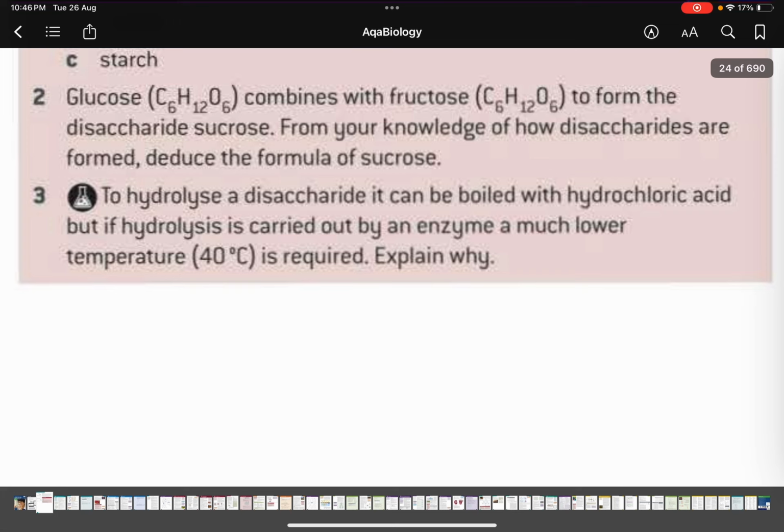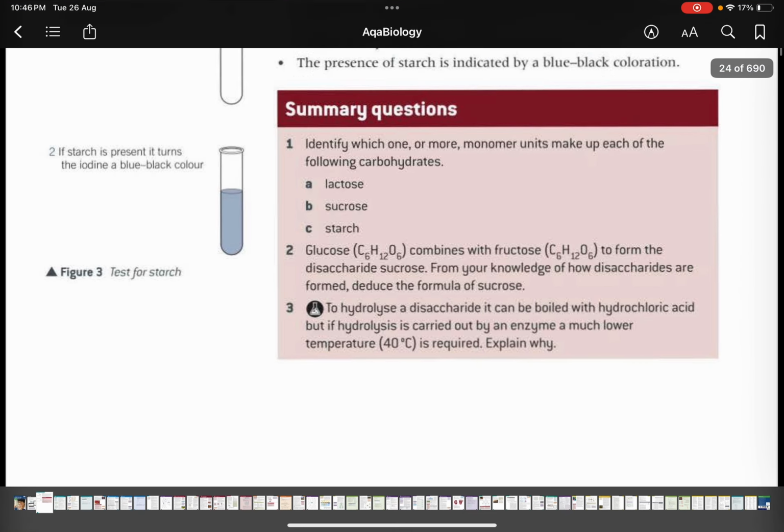We learn about how enzymes tend to denature at a high temperature because the bonds are broken and the shape is meddled with. The active site is no longer complementary to the substrate molecule, and the enzyme denatures. So that is pretty much the explanation.